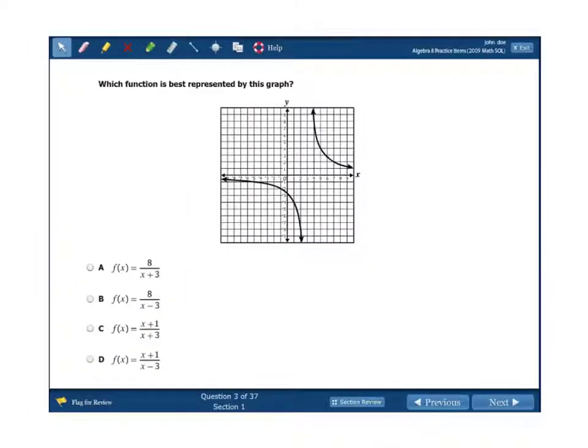Next. Which function is represented by this graph? So we've got something that is clearly a rational function. A rational function has the variable in the denominator, and it gets you this shape. And actually, guys, you'll do this in pre-calc, it's a hyperbola rotated.